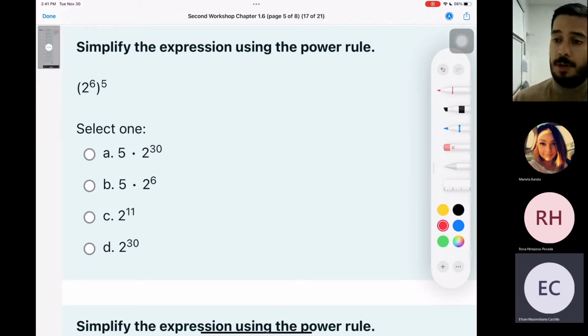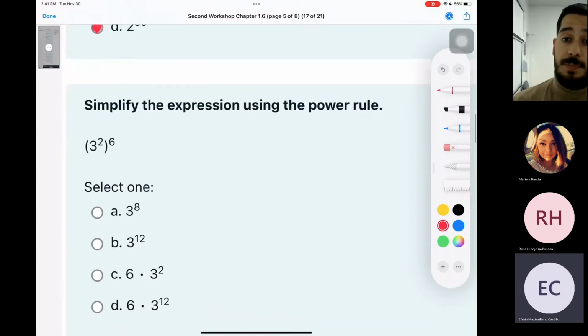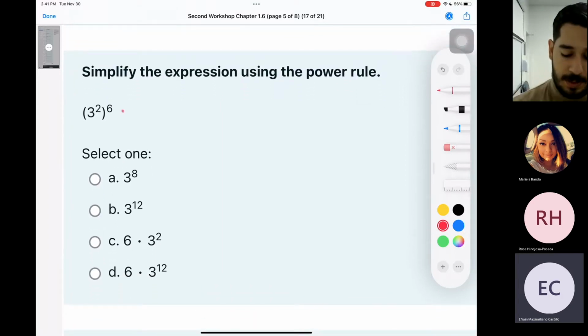Again, the same thing. I'm going to go a little bit fast because I don't want to go over 3 p.m. A variable with 2 exponents means multiplication of those exponents. So 6 times 5, that's going to be 30. A variable with 2 exponents means multiply those exponents. So these exponents are 2 and 6.